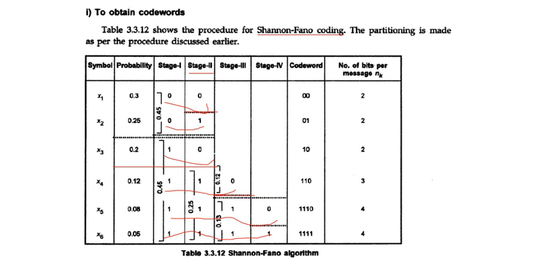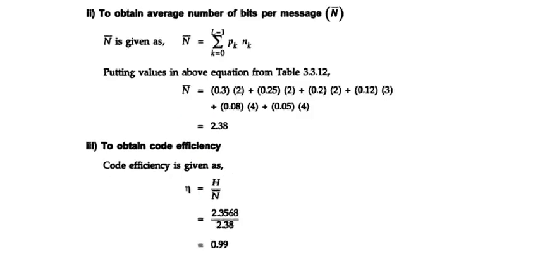Using these code word lengths we can calculate the average code word length, and using average code word length and entropy, we can calculate efficiency. Using the average code word length formula, we compute the average code word length as 2.38 bits. Efficiency is H by n bar.